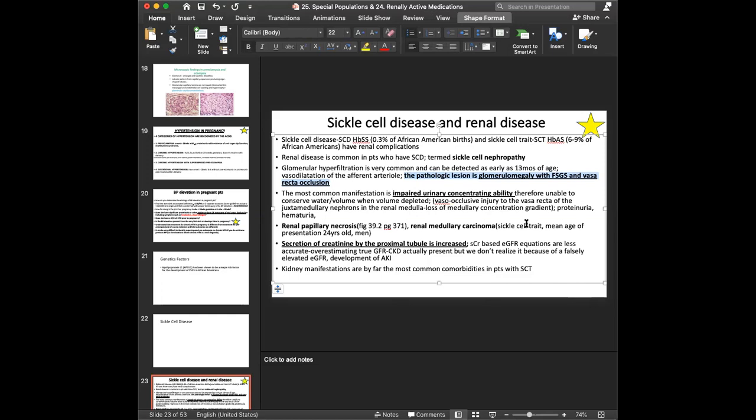The big problem with an occlusion is that we can't filter very well, so we're not able to concentrate the urine, and it can lead to renal papillary necrosis. I don't know all of these, but these two make sense with sickle cell itself. And creatinine is going to go up, because if the kidney can't work, then our creatinine is going to rise.